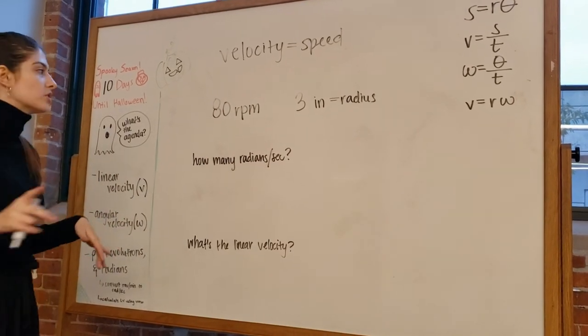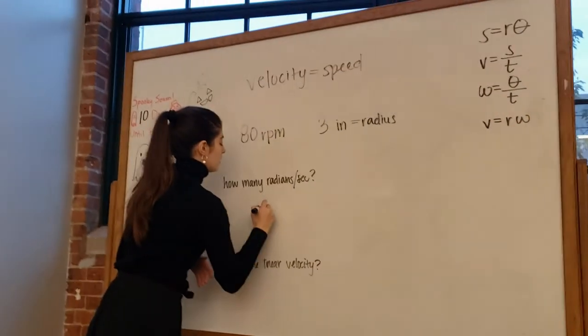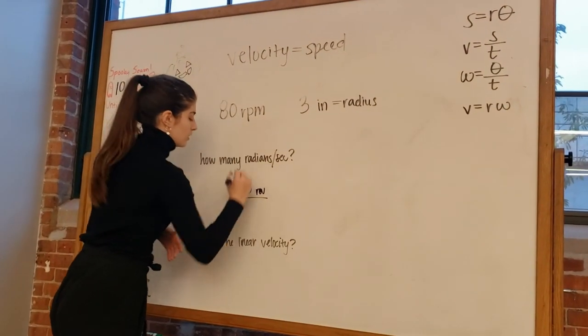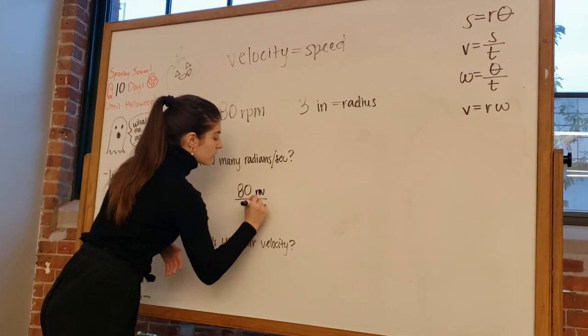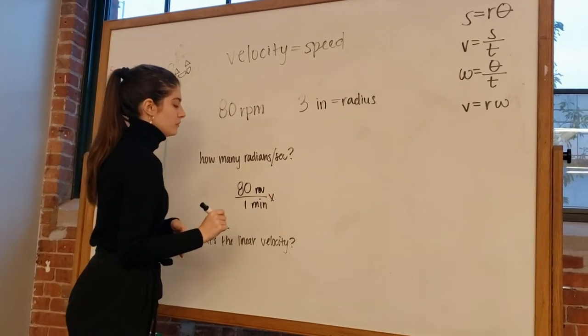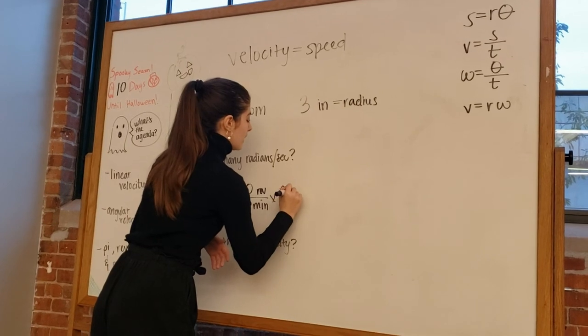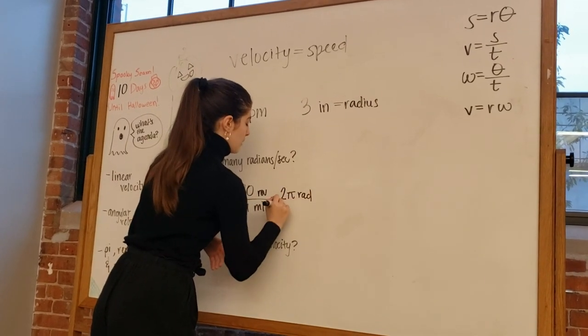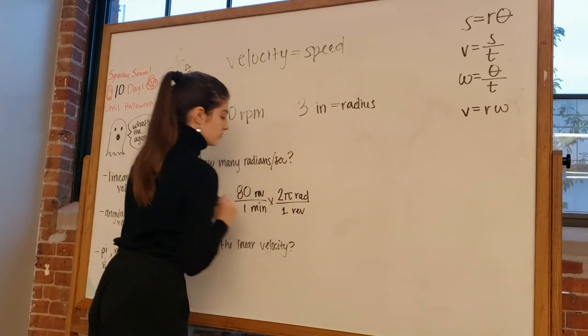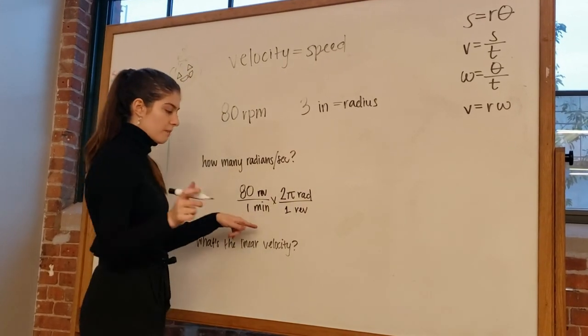We're going to do exactly what we just did. 80 revs per 1 minute, times 2 pi radians per 1 rev. And then again, we're going to go from minutes to seconds.